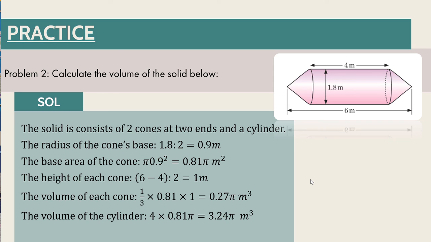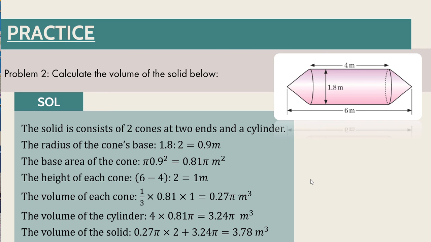The volume of the cylinder is 4 times the base area. It is 4 times 0.81 pi, equals 3.24 pi cubic meters.